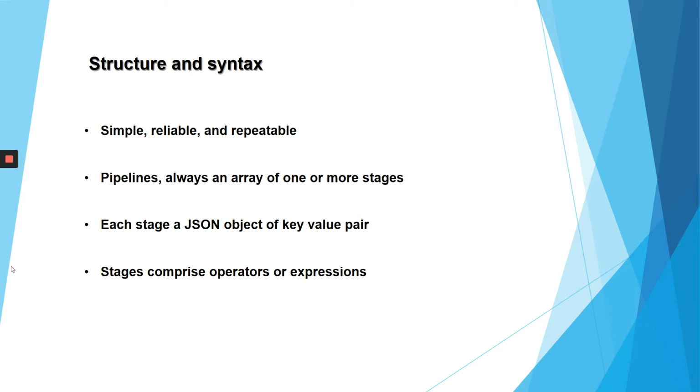Each stage is a JSON object of key value pairs, and stages are composed of one or more operators or expressions. The operators may be referring to either query operators or aggregation stages, whereas expressions act a lot like functions. Expressions may take a single argument or an array of arguments.